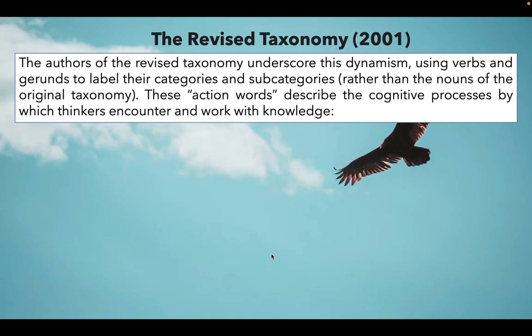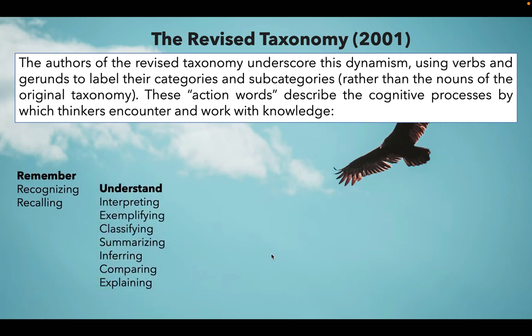The Revised Taxonomy, 2001. The authors of the Revised Taxonomy underscore this dynamism using verbs and gerunds to label their categories and subcategories, rather than the nouns of their original taxonomy. These action words describe the cognitive processes by which thinkers encounter and work with knowledge. The first one is remember: recognizing and recalling.